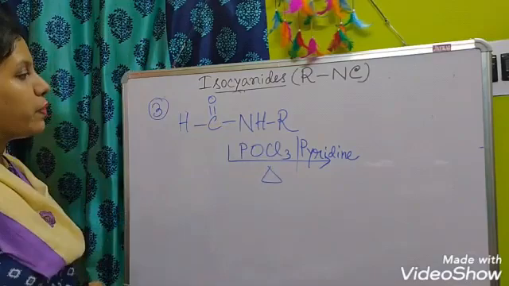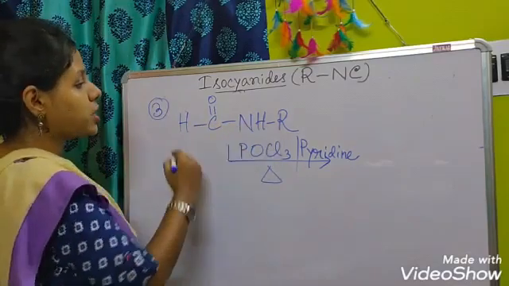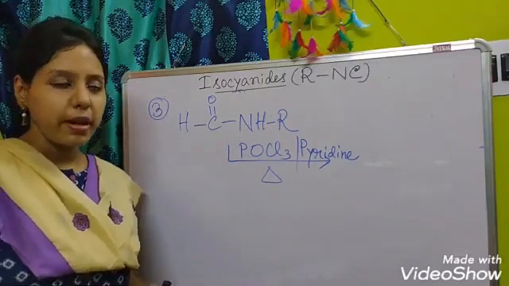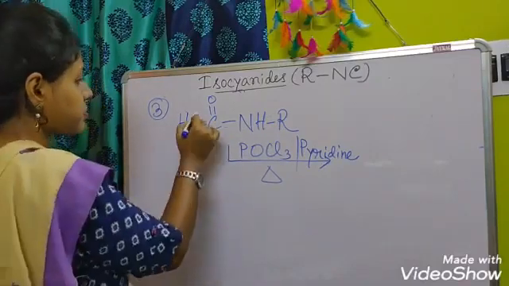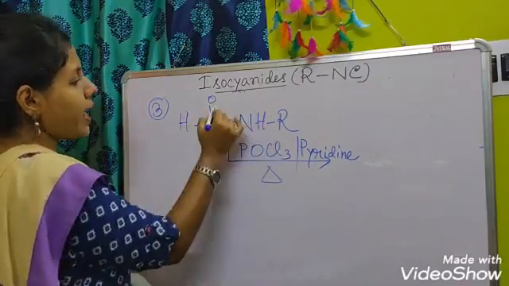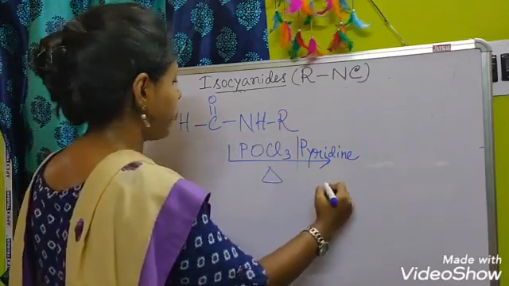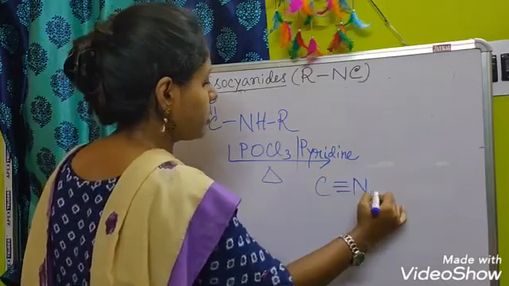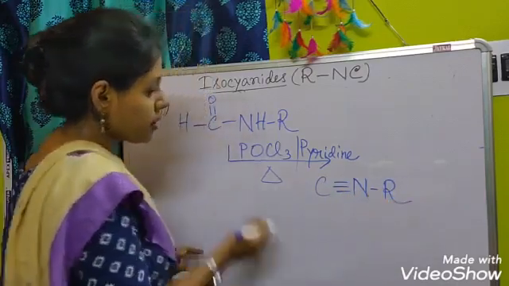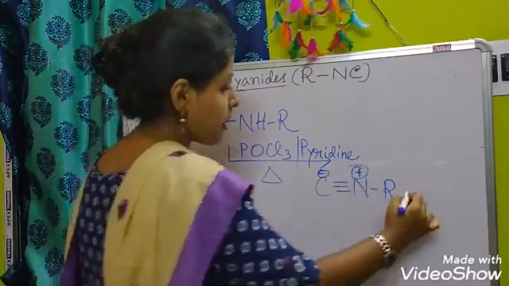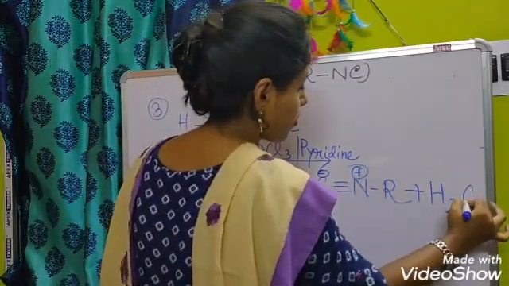From here we will get this isocyanide, that means there will be one elimination reaction by removing these 2 hydrogens and this 1 oxygen, and there will be the formation of C triple bond N R plus H2O.